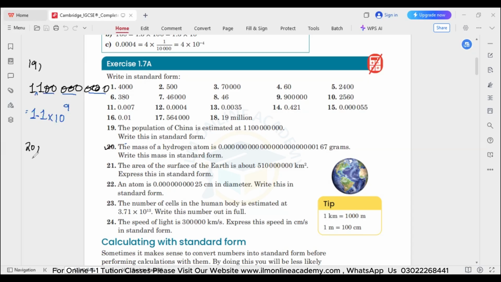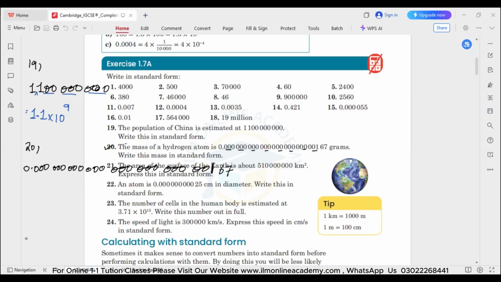So for the 20th part, we need to be very careful with the zeros that they give. Let's see how many sets of threes they give: 1, 2, 3, 4, 5, 6, 7. Almost 8. And for the eighth one, they gave 1 along with this, so along with this we have 6, 7.